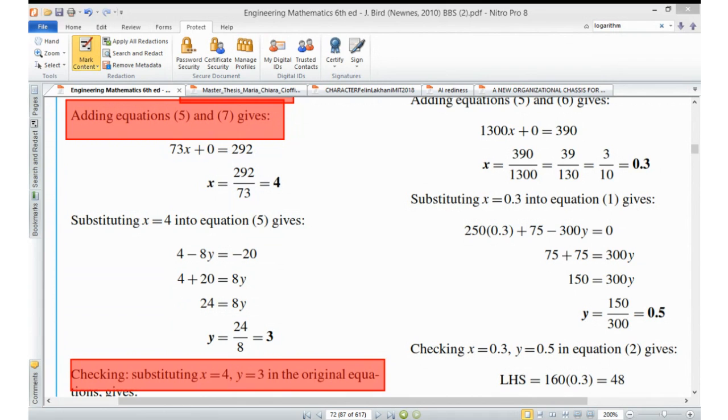Okay, if there's no question, then we can stop there for today. So as I've mentioned, I'll record the last bit on simultaneous equations, the application part, and post it online.